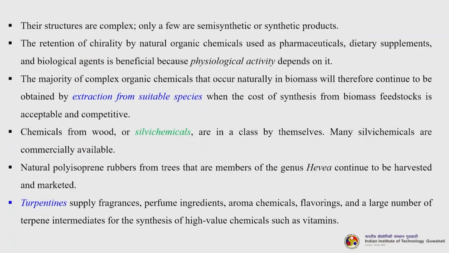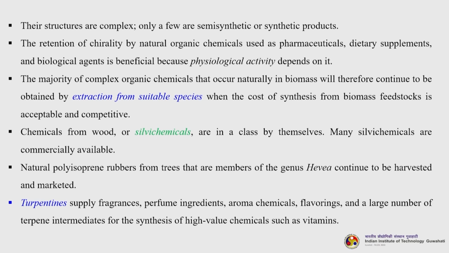So, these commodity chemicals, their structures are complex, only a few are semi synthetic or synthetic products. The retention of chirality by natural organic chemicals used as pharmaceuticals, dietary supplements and biological agents is beneficial because physiological activity depends on it. Now, the majority of complex organic chemicals that occur naturally in biomass will therefore continue to be obtained by extraction of suitable species.